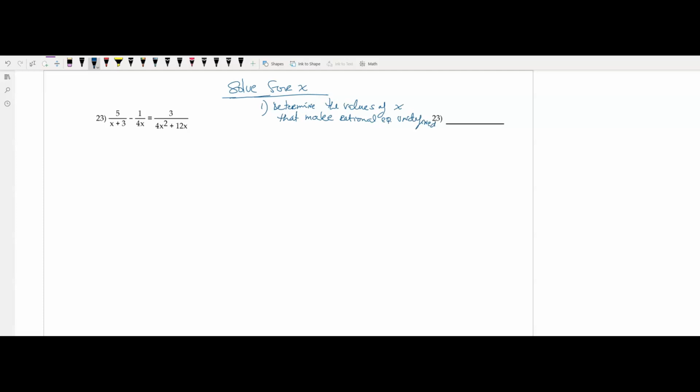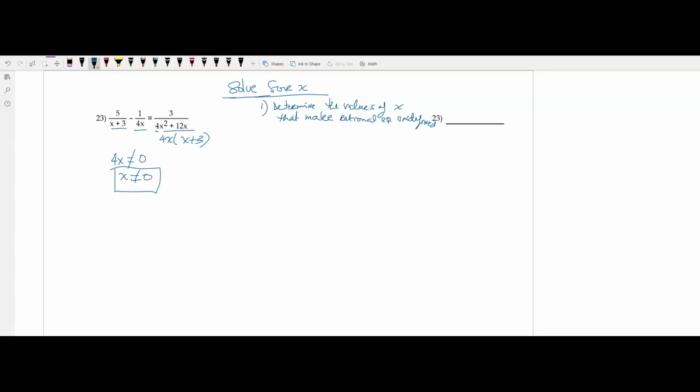In order to do that, we need to factor some stuff. So here I get 4x times x plus 3, which is the same thing as these two here. So we know that 4x cannot be equal to 0, meaning that x cannot be equal to 0, right? So that's one value. So x cannot be equal to 0.